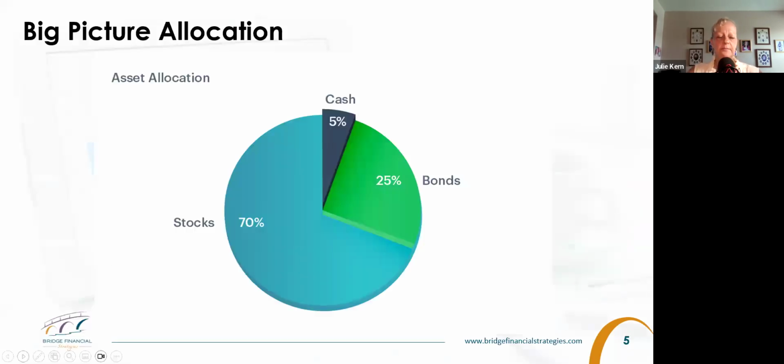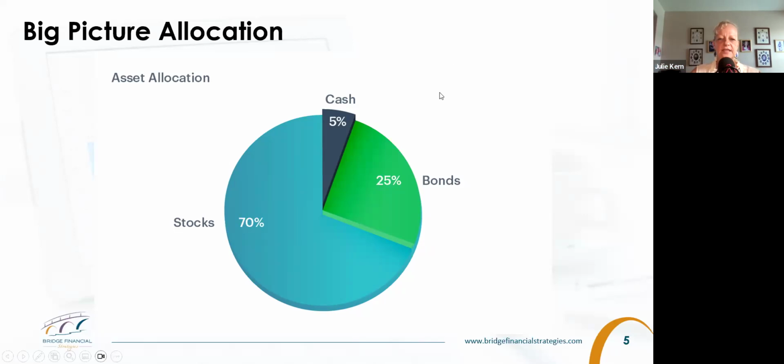Okay, so this is the big picture allocation I was speaking of. This is a sample from some of the clients we have that are 70% in stocks, and then between bonds and cash, that makes up the other 30%. Each person's cash need is a little bit different. It depends on whether or not you're taking distributions from your portfolio or if you're still working and saving.